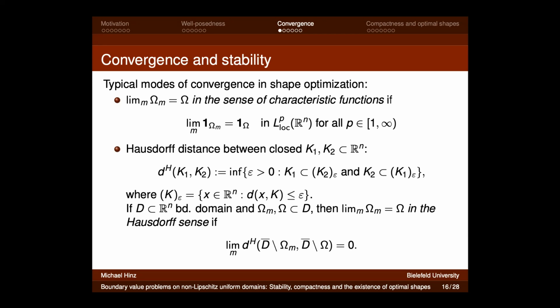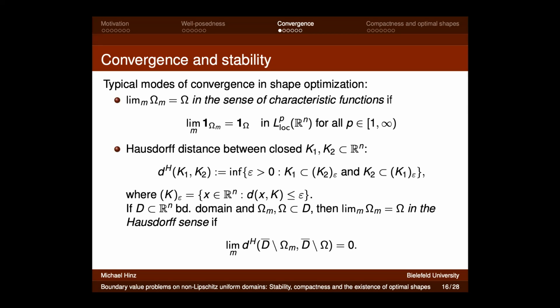So we want them to be close in this sense. Once we have clarified this notion for closed sets, we can ask how to give a meaning to that for open sets. For open sets, it's customary for these types of problems to choose a bounded domain, a huge domain that contains everything, a confinement domain, and then simply look at the closure of the confinement minus the respective open set. This gives a closed set, and we can then hope that these closed sets converge to 0 in this metric.